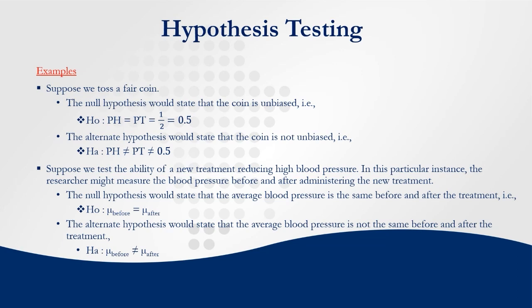So that would be a hypothesis that we would make about that kind of scenario, where if we toss a coin, we hypothesize that the probability of head and tail will be equal, because we are assuming it's a fair coin, it's not biased. Then the alternate will be that the coin is actually biased.